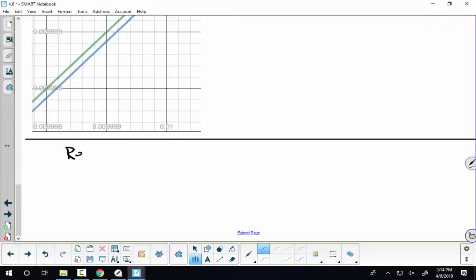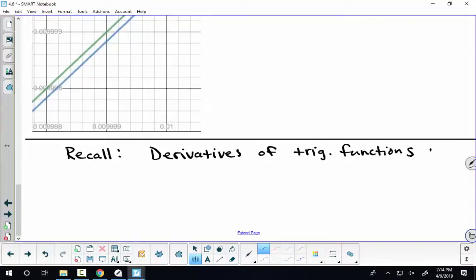So recall the derivatives of our trig functions were defined with the independent variable x being a radian measure.